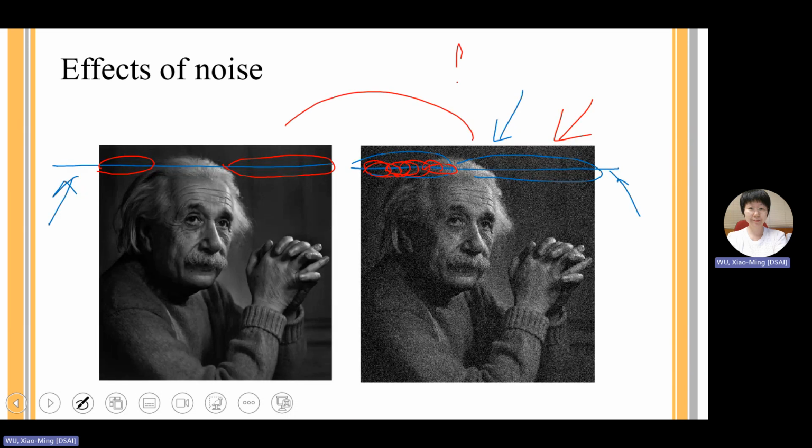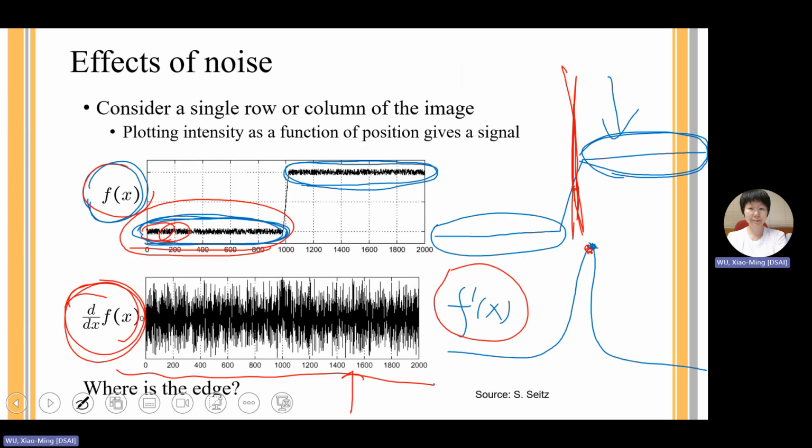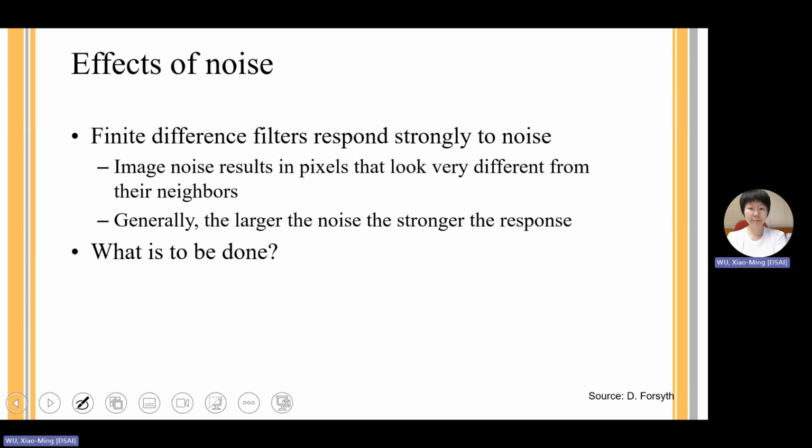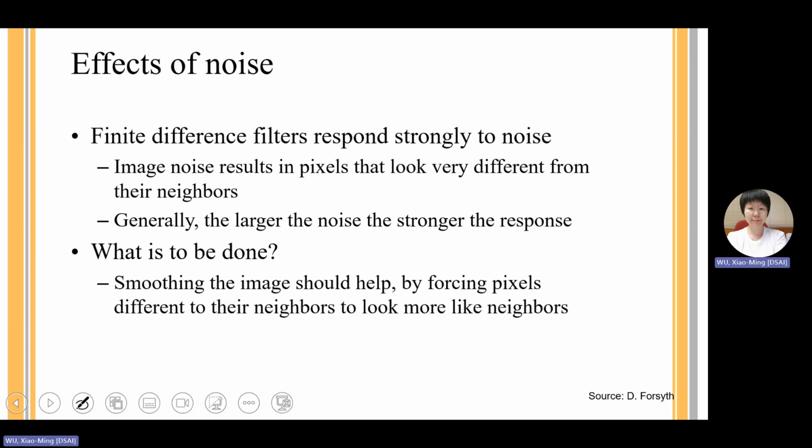Maybe we can apply some smoothing filter to smooth the image to make nearby pixels similar again. Well, it turns out that's the idea. The idea is to smooth the image first.